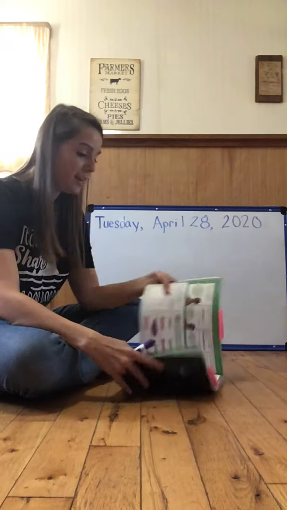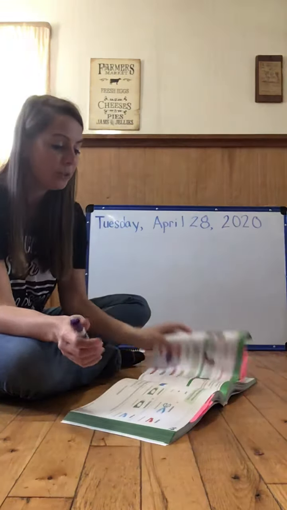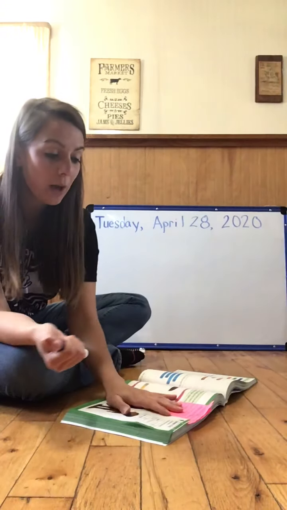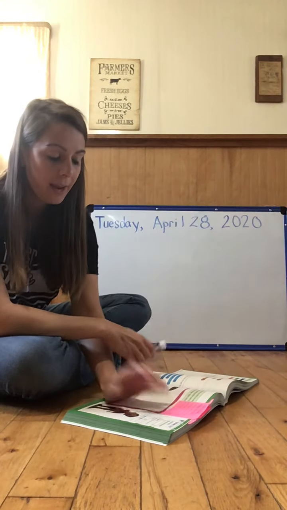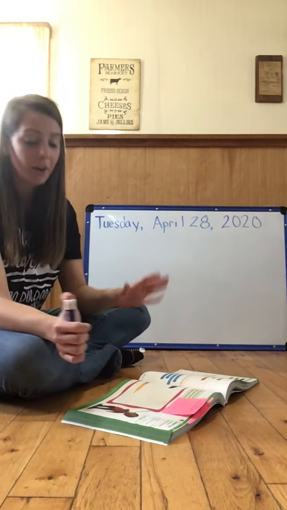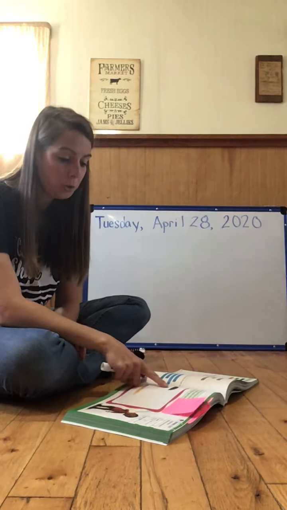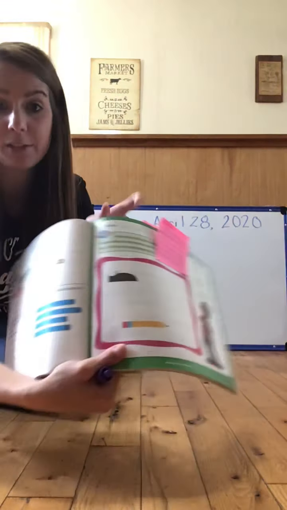We are in our Envision's math book, and today we're going to do lesson 12-2, and it is called indirect measurement. So on your page 673, it shows you a picture of a shoe and a picture of a pencil.